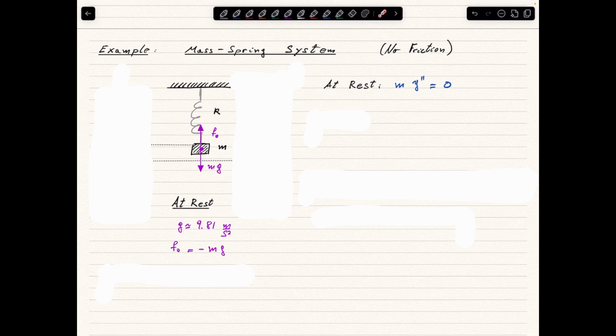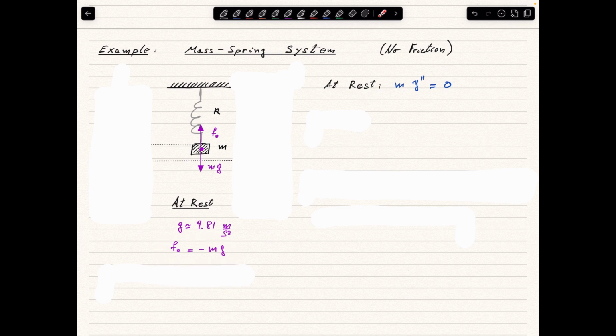However, we have two forces. The weight, which is proportional to the mass of the object and the acceleration of gravity on the surface of the Earth, which is 9.81 meters per second squared. And we always have this weight, and then there should be a second force, which is the force done by the spring, because the spring stretches when we put the object, and this force done by the spring has to be in the opposite direction and has to balance exactly the force of the weight.